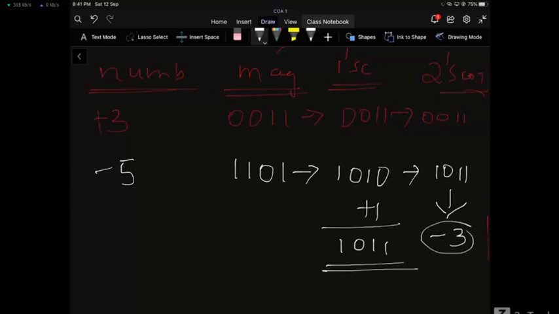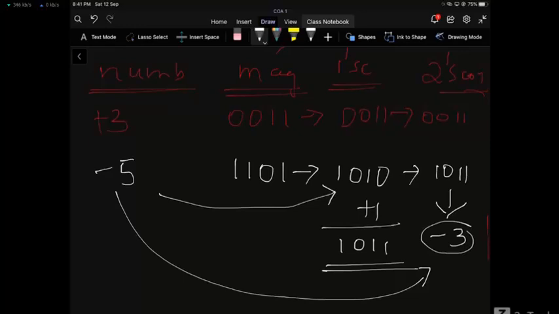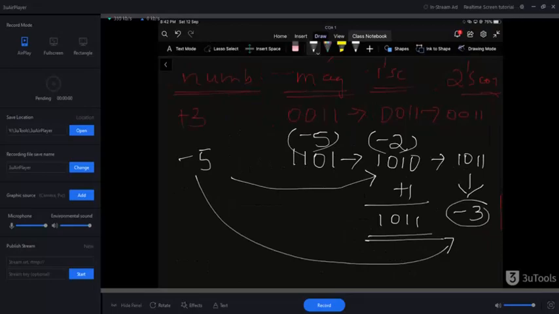So minus 5 in 2's complement will be minus 3, and minus 5 in 1's complement is nothing but minus 2. This is my magnitude value. I'll just show you the table.